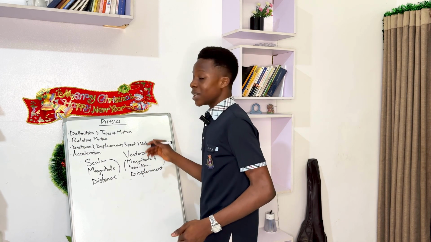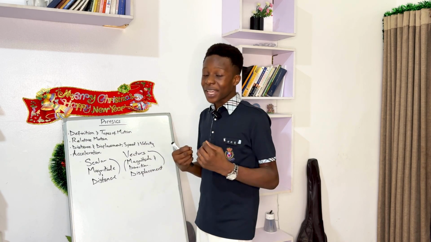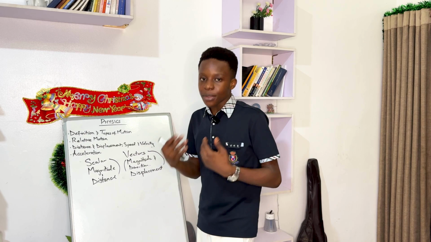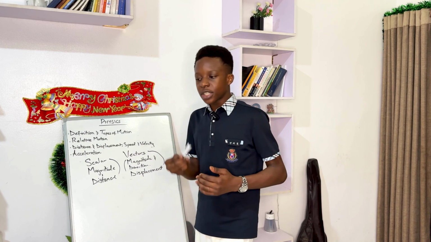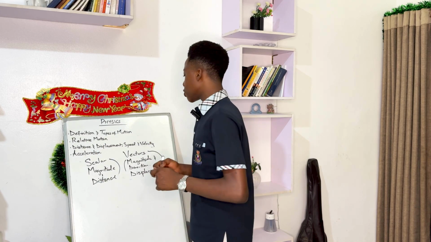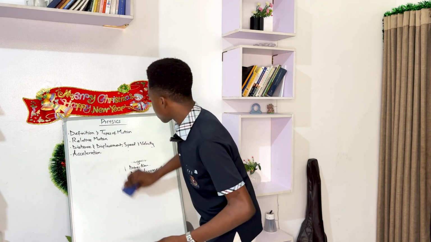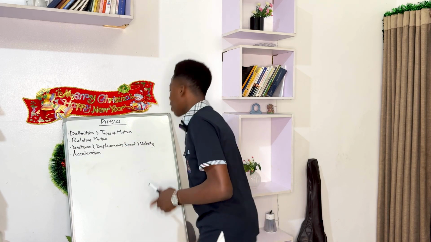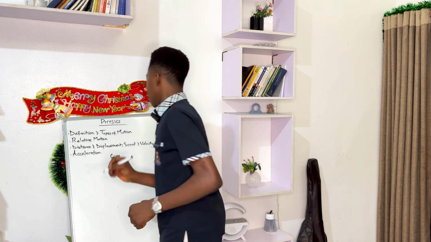And that is where speed and velocity come in. What is speed? Speed is how fast something is, right? How do you know how fast something is? You know the distance the person has covered divided by the time the person took. So let's say you walked 6 meters in 2 seconds.